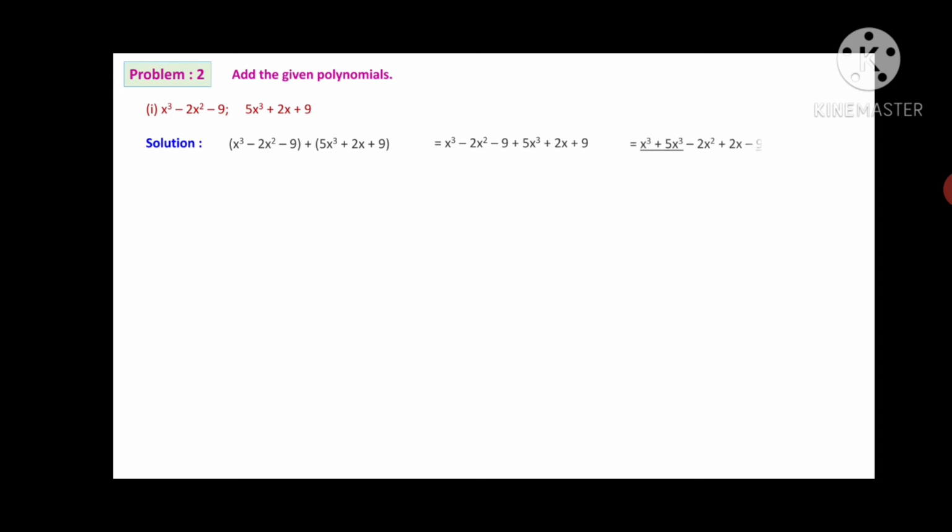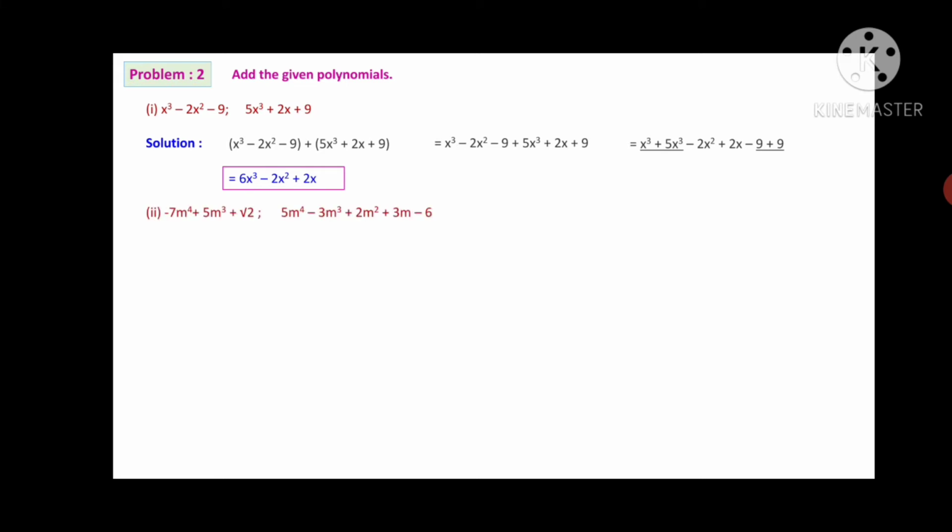We will bring the similar terms to one place. So x cube plus 5x cube minus 2x square plus 2x minus 9 plus 9. So the answer will be x cube plus 5x cube, that is 6x cube, minus 2x square plus 2x, and minus 9 plus 9 get cancelled. So this will be the result.